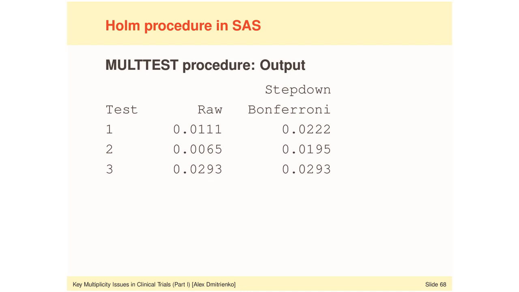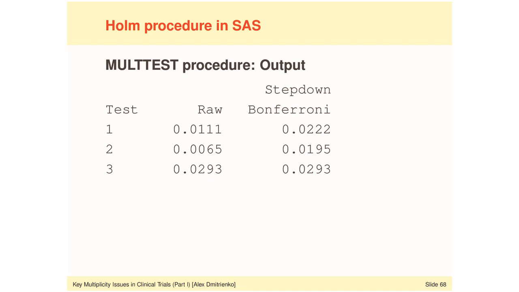It's interesting to note that the Holm procedure is referred to within PROC MULTTEST as the step-down Bonferroni procedure, as you see on the slide, which is actually true because the Holm procedure relies on a step-down testing algorithm, and it is indeed derived from the Bonferroni procedure.